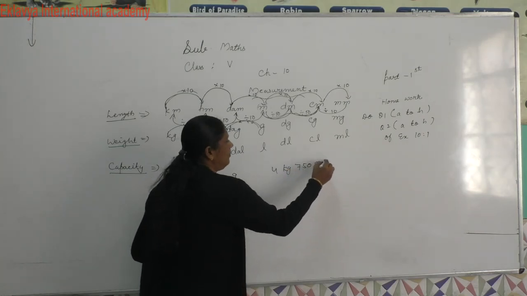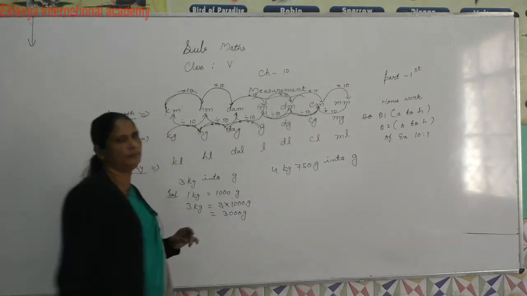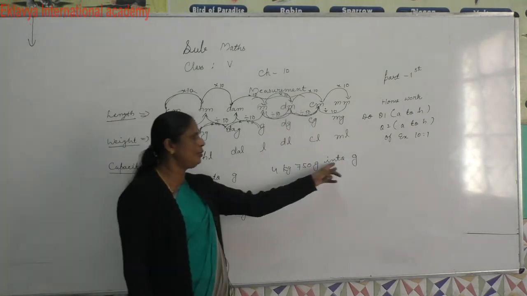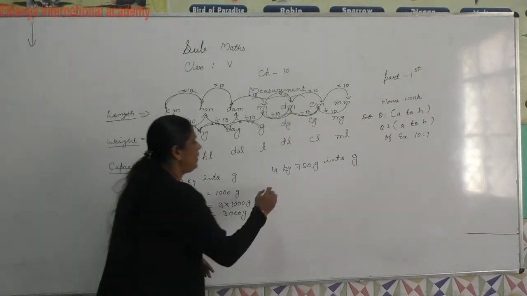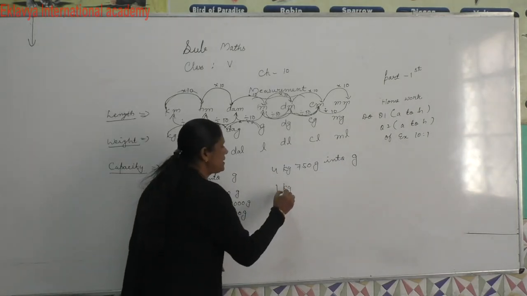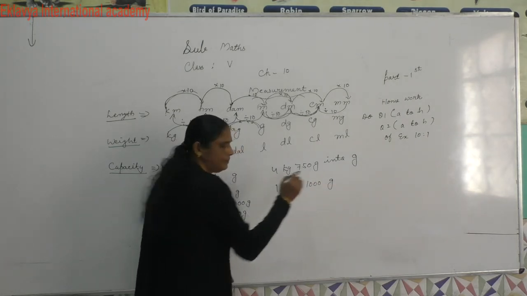Next, 4 kg 750 gram into gram. Kg into gram, gram into gram. Again, 1 kg is equal to 1000 gram.